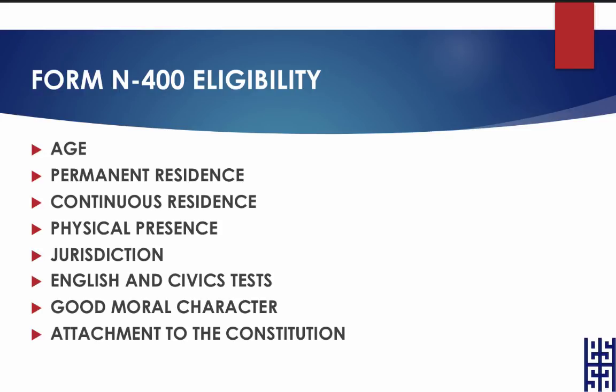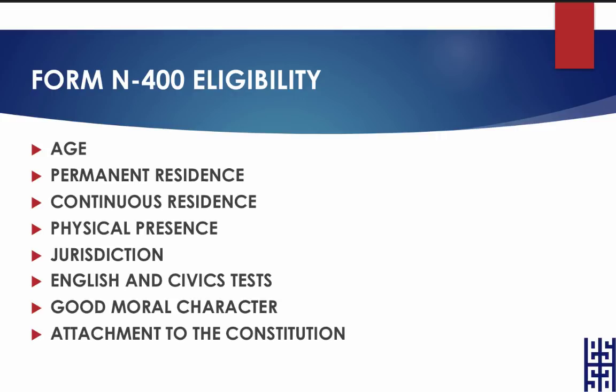Now I have 2 videos explaining each of these requirements in full detail. I will put the links to those below, so if you are worried about your eligibility, you can go quickly through those videos and confirm that you are even eligible.